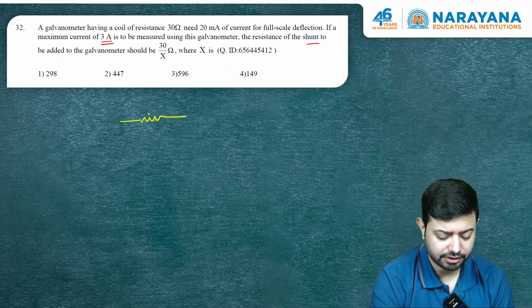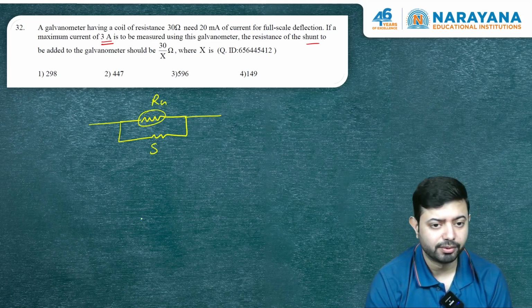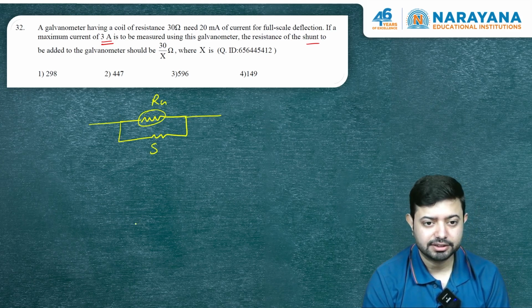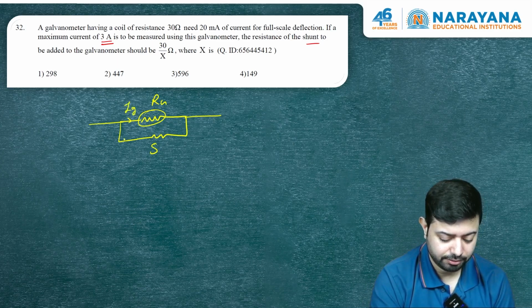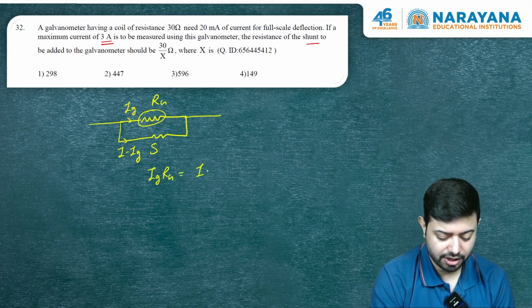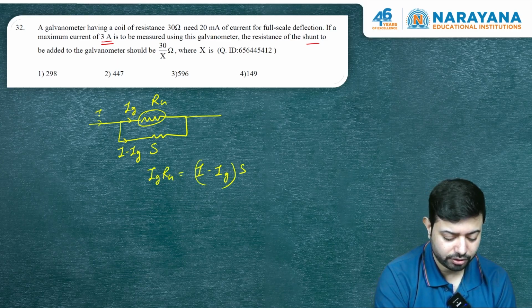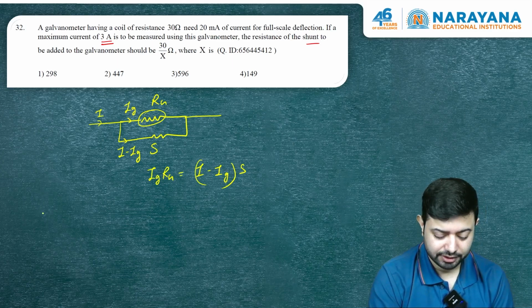This is a galvanometer Rg, and there you have the shunt resistance S, correct. This structure is of the ammeter. So, here the current will be Ig and the remaining current here will be I minus Ig. I can easily write down Ig into Rg is I minus Ig into S. By the way, total I is here, right.